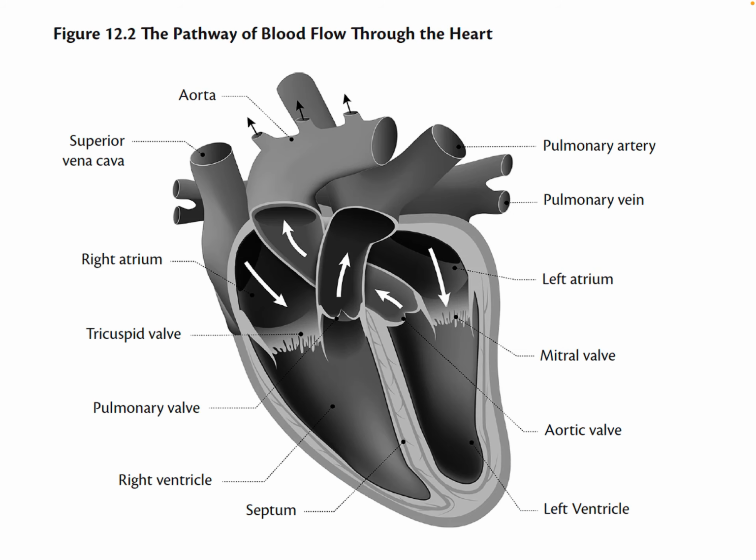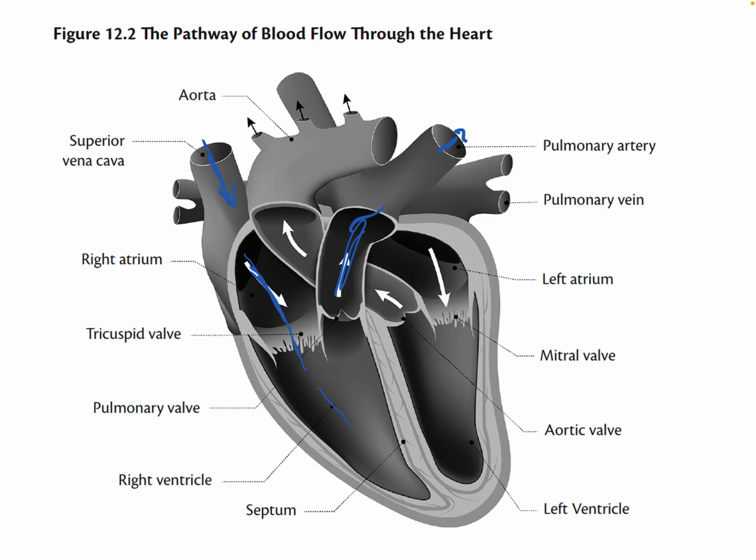Figure 12.2 illustrates the heart anatomy and the blood flow through the heart. So our deoxygenated blood returns to the heart through our superior vena cava, and it enters the right atrium, and it's going to pass through the tricuspid valve into the right ventricle, and then it's sent to the lungs via our pulmonary artery.